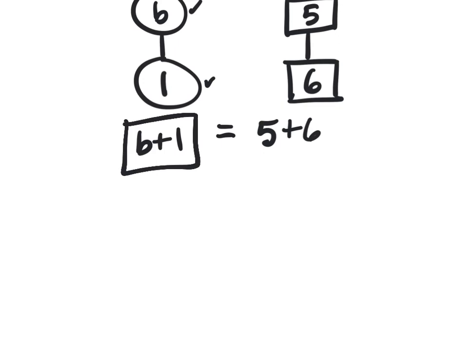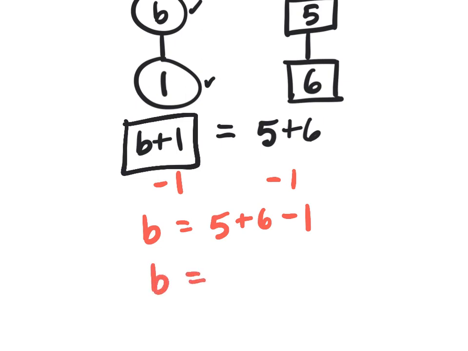Addition. So I need the inverse operation. I'm going to subtract 1 on this side, which means I'm going to subtract 1 on this side as well. So now I'm left with b is equal to 5 plus 6 minus 1. b is equal to 5 plus 6 is 11, minus 1 is 10.